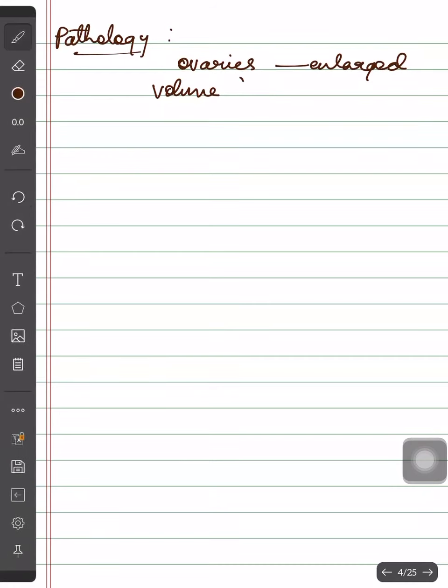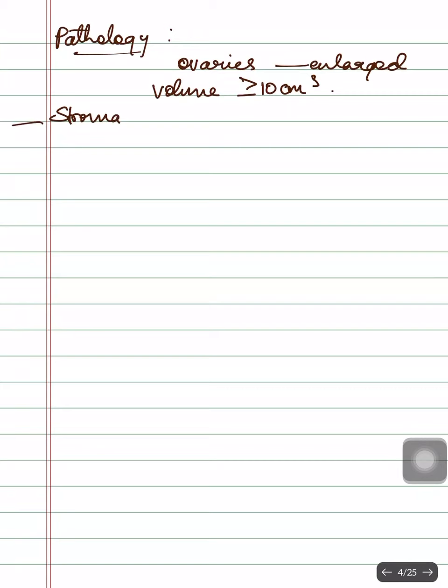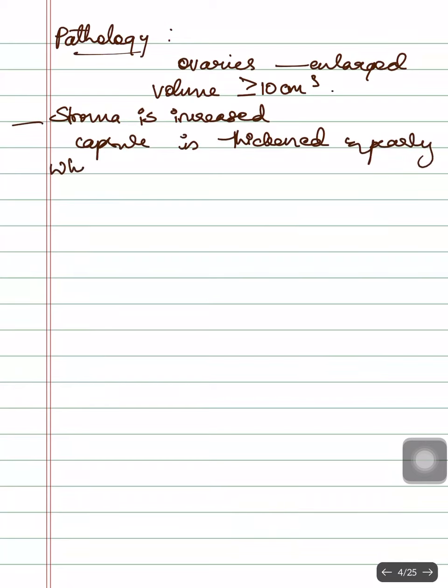The volume of the ovary is increased, more or less 10 centimeters. The stroma is also increased, and the capsule is thickened and pearly white in color. There are multiple follicular cysts measuring about 2 to 9 mm in diameter, crowded around the cortex.